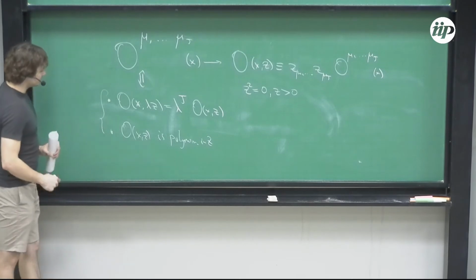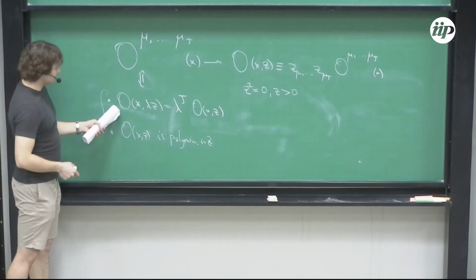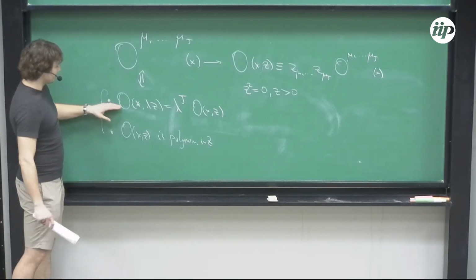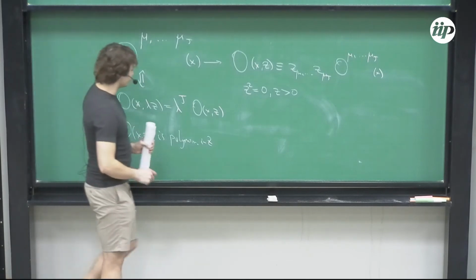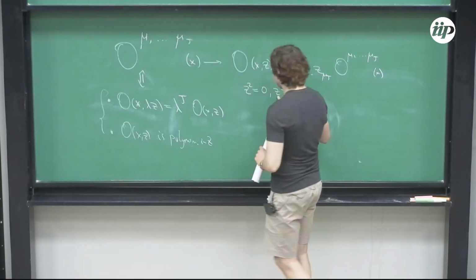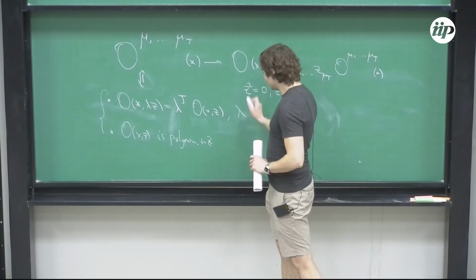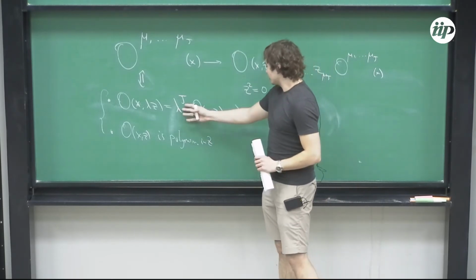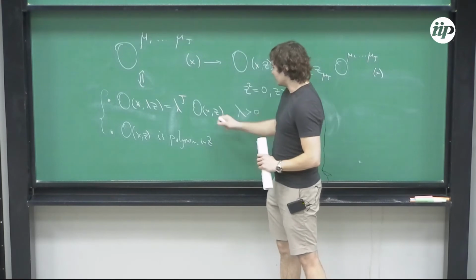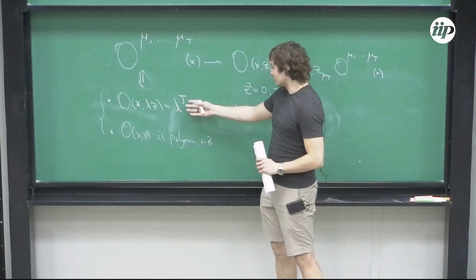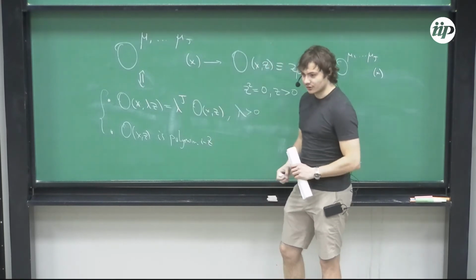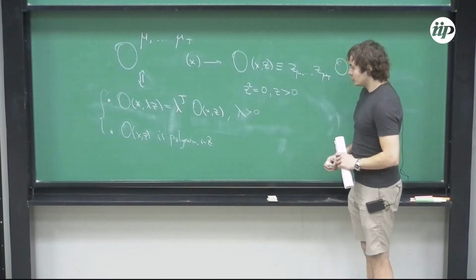Now it's clear that in this description, it's very easy to generalize the first property to non-integer spin j, because if we constrain z to lie in the future null cone, lambda can only be positive, and then if lambda is positive, we can of course replace j by any complex number, and it's a completely well-defined property.